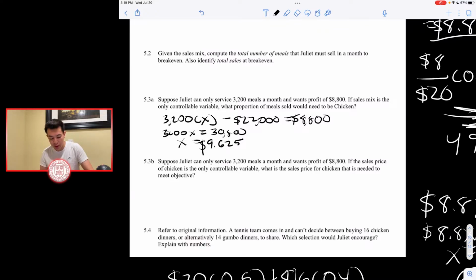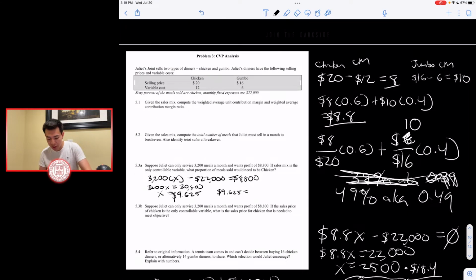So what we can do here is put 9.625 equals, and we have our CMs here, 8 and 10. So 8 times X plus 10 times 1 minus X. To explain this, X is the percent of meals sold as chicken, and this number is not going to be 60% anymore.